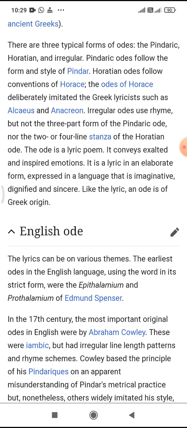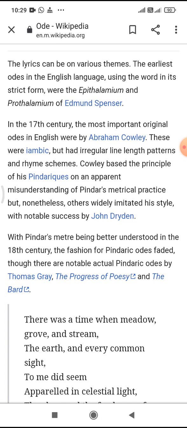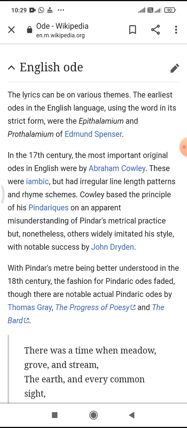The next point is the English ode. In English, odes can be on various themes. The earliest odes in the English language using the word in its strict form were the Epithalamion and Prothalamion of Edmund Spenser.